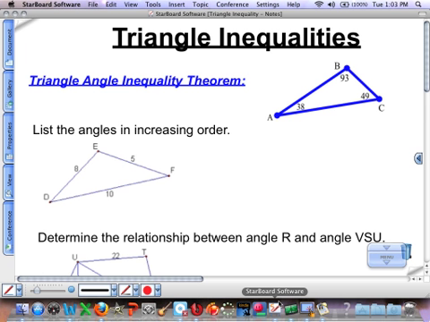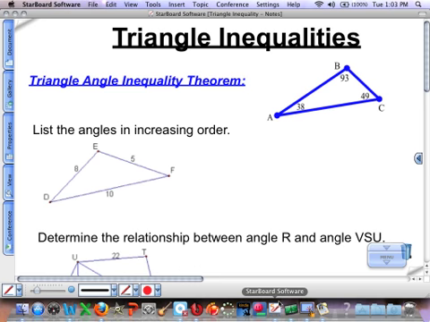Largest angle is opposite of the longest side. So this is the new theorem. The largest angle is opposite of the longest side.